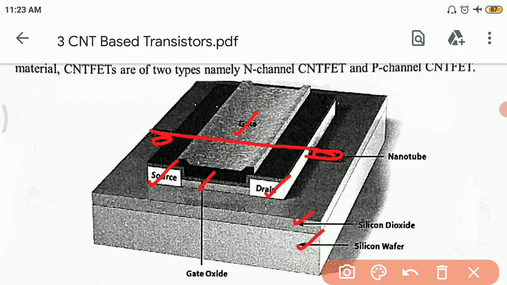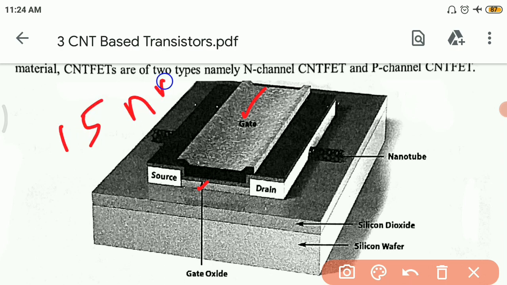Here the gate is placed on top of the carbon nanotube, and the gate is separated from the nanotube by an insulator, such as this gate oxide, which is much thinner, having a thickness of about 15 nanometers.